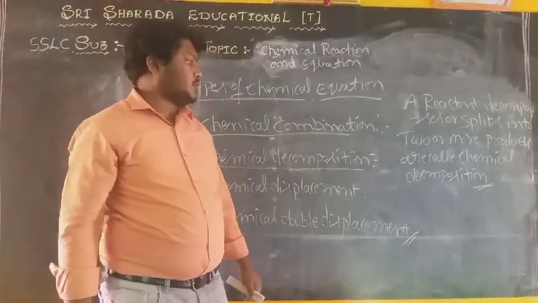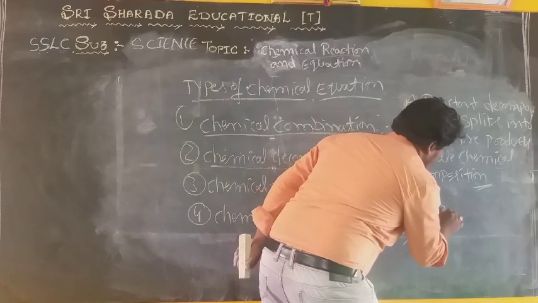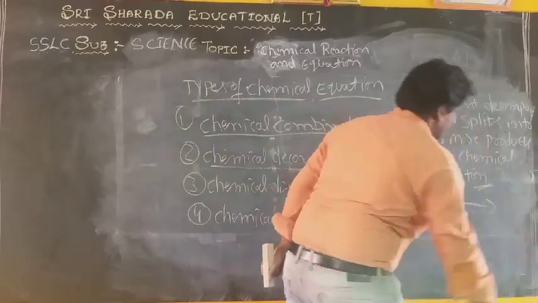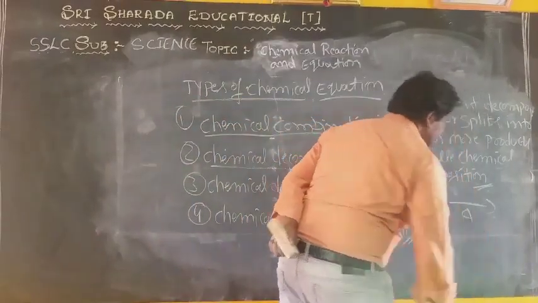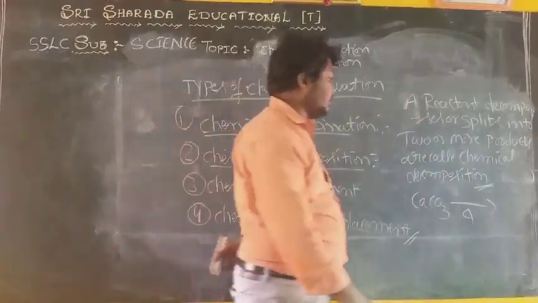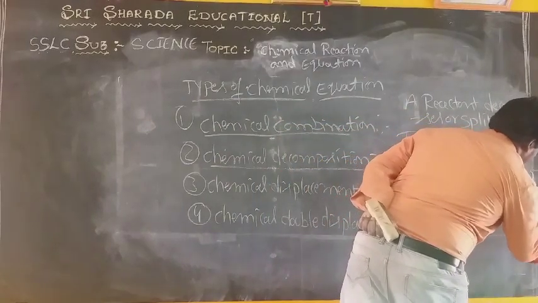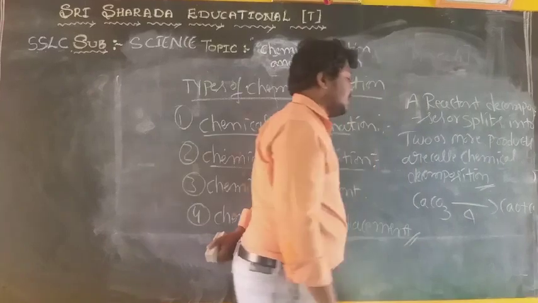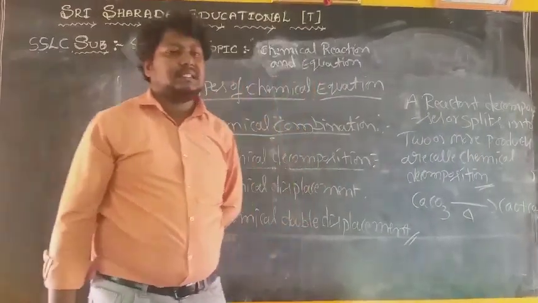Chemical decomposition. For example, you know that CaCO3, calcium carbonate, when we heat it, decomposes into CaO plus CO2. CaO plus CO2, calcium oxide, and releases carbon dioxide.